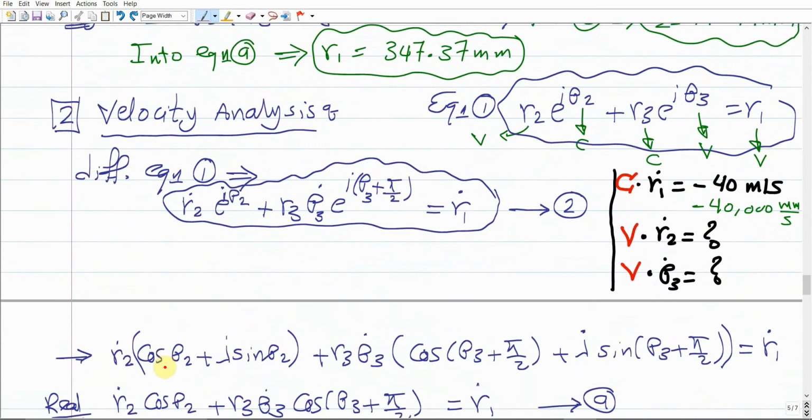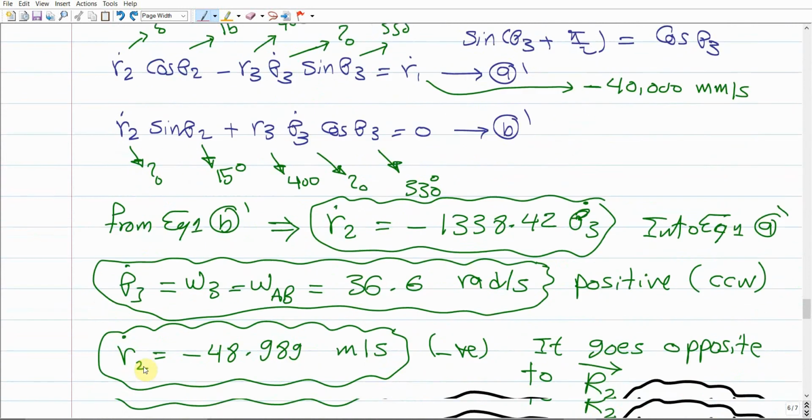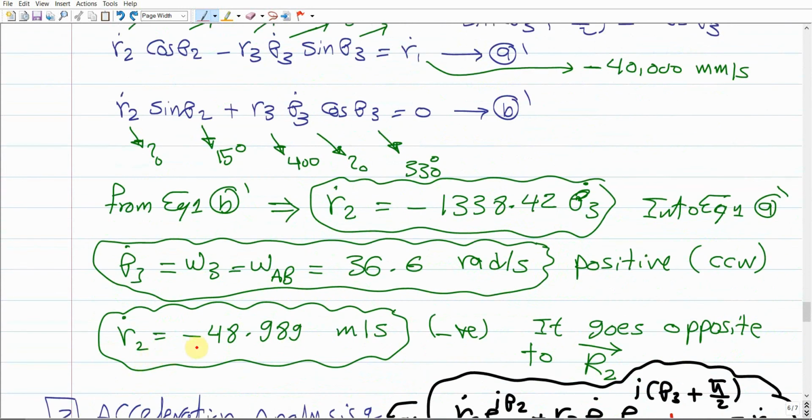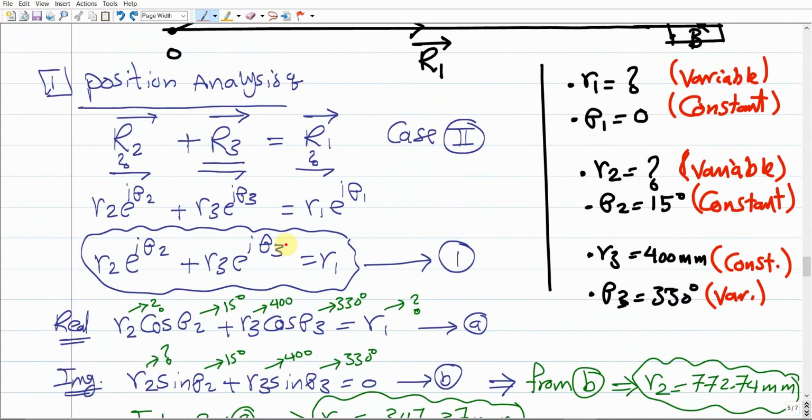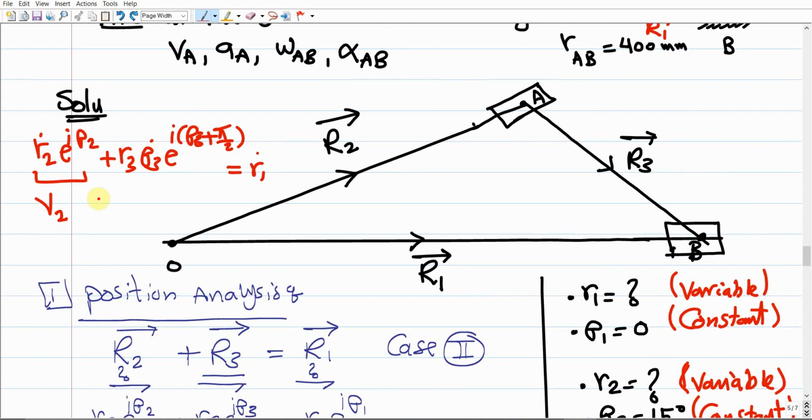We got R2 dot, you have to check whether it is positive or negative. We got it negative. It means that it should go in the opposite direction to the R2 direction. So the direction of V2, which is VA, the sliding velocity of slider A, should go opposite to the R2 but parallel, because it has the same direction in terms of theta 2. So it's gonna be the VA vector. This is the direction of the sliding velocity of the slider A.